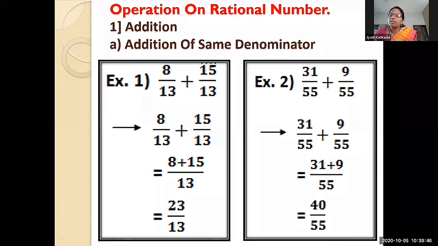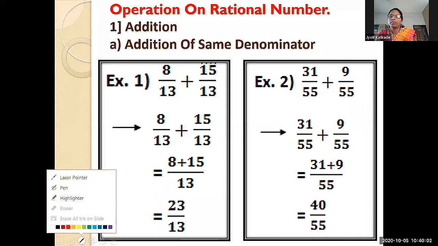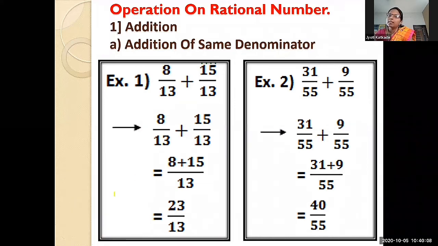See first example, 8 upon 13 plus 15 upon 13. Here the denominator is the same. Now add numerator with numerator. 8 plus 15 divided by 13. When the denominator is the same, then add numerator with numerator.